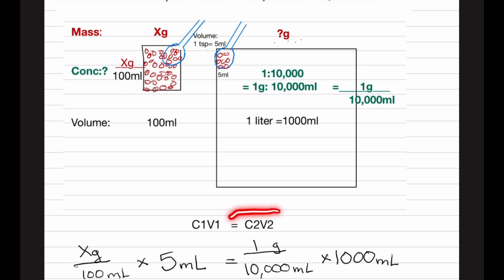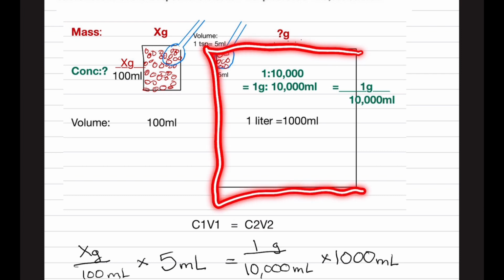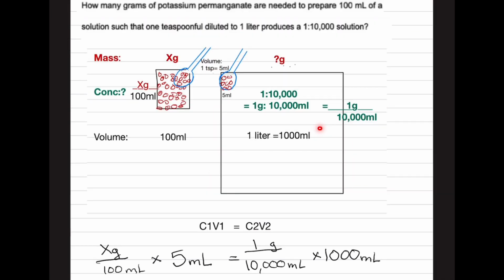Now for concentration 2 and volume 2, we will look at this entire thing here. The volume, we know 1 liter is the same thing as 1,000 mLs, and that was the final. They said diluted up to 1,000 mLs or 1 liter. And for V2, that's where I'm replacing it. Now for C2, concentration 2, that's where this ratio strength comes in.